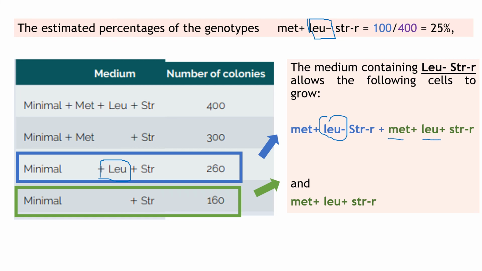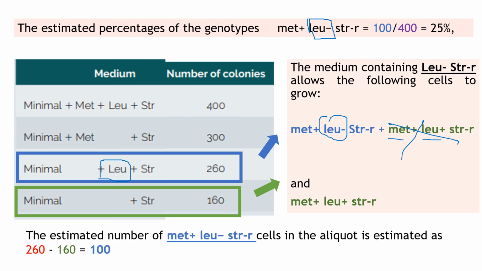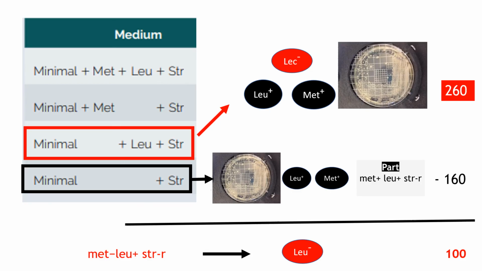How do we remove those ones? By subtracting. We don't need this one, so it will be 260 minus 160. This is how we get 100. Then we just have to find the percentage, the part divided by the whole, and this is how we get 25.